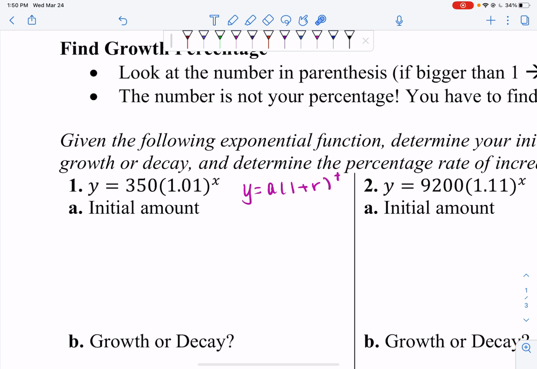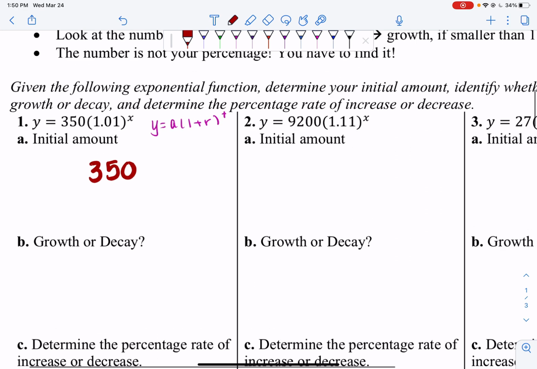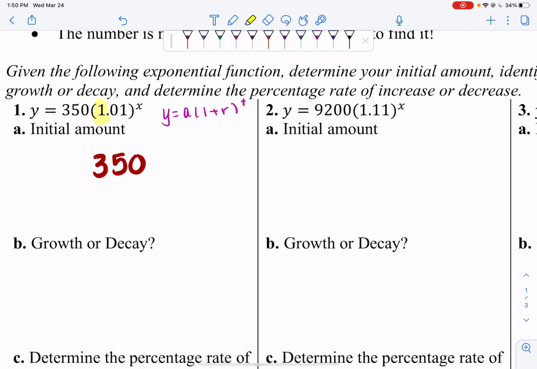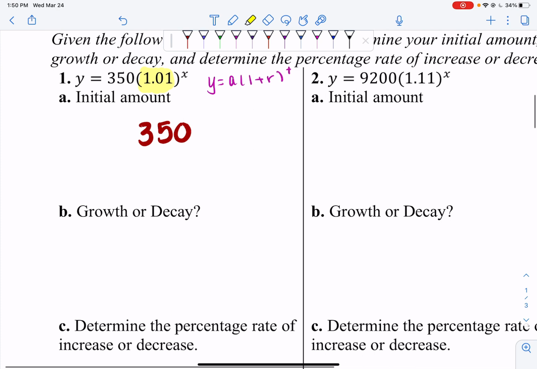It's attached to my parentheses on the outside. So the number attached to my parentheses on the outside is a 350. So I can say that my initial amount is 350. Now, if I look at the number on the inside of my parentheses, my 1.01, that's larger than 1, correct? Yeah, it's larger than 1. So this is an example of growth.